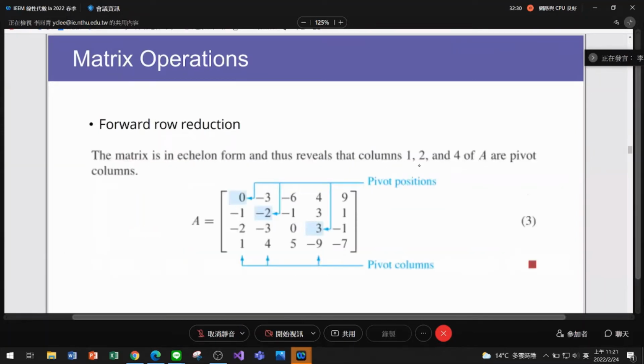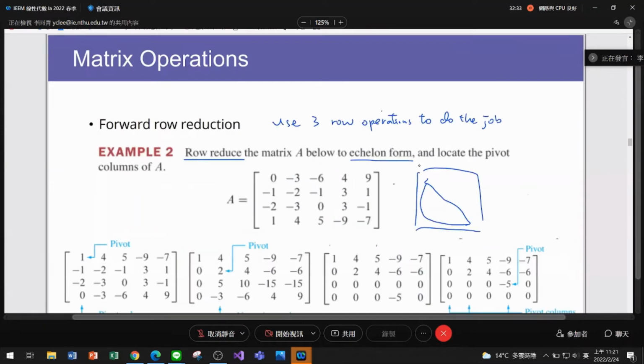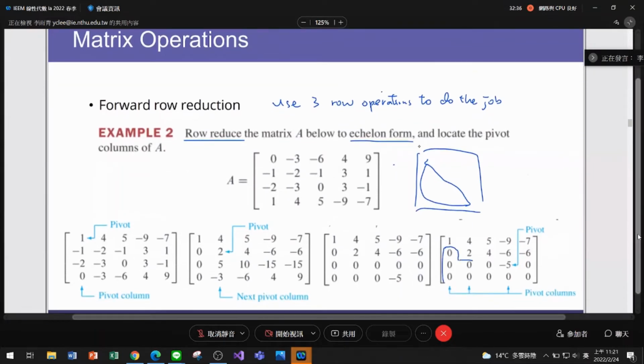Eventually, we want to reach this kind of situation where it looks like stairs, and all the values below the stairs are zeros.